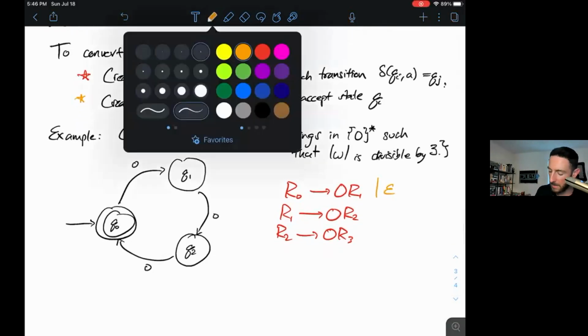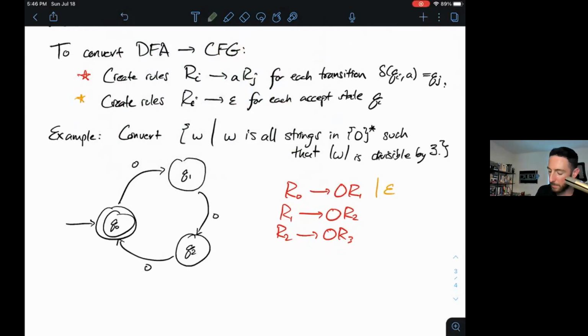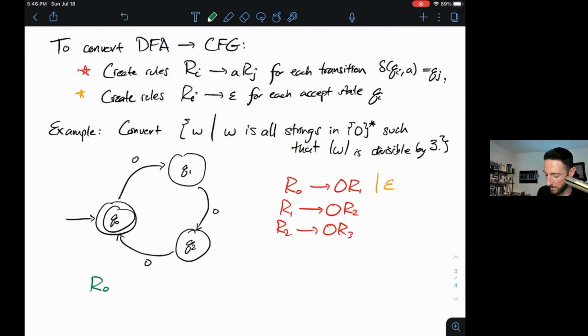And now I claim that every string generated by this CFG is a string accepted by our DFA. So if I do a derivation like R0 to 0 R1 to 0 0 R2 to 0 0 0 R0, and then use my second rule to go from R0 to the empty string, I get 0 0 0.